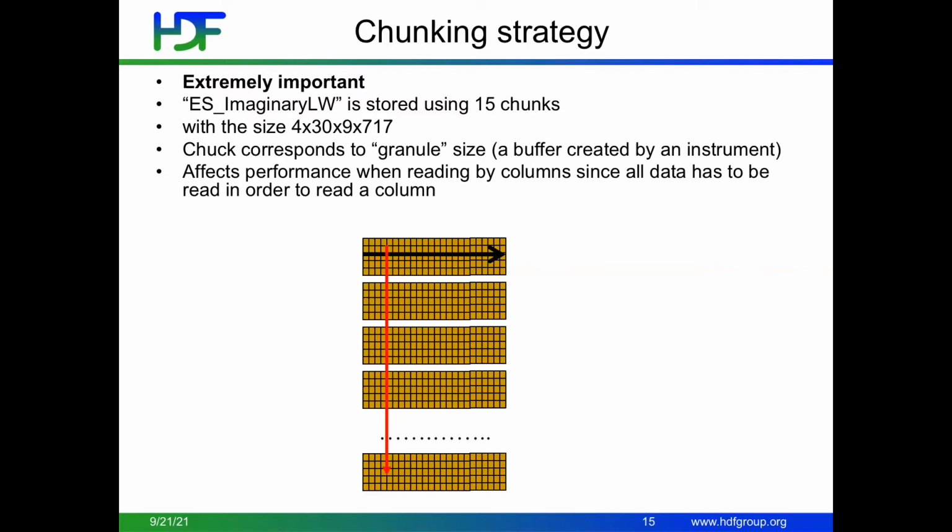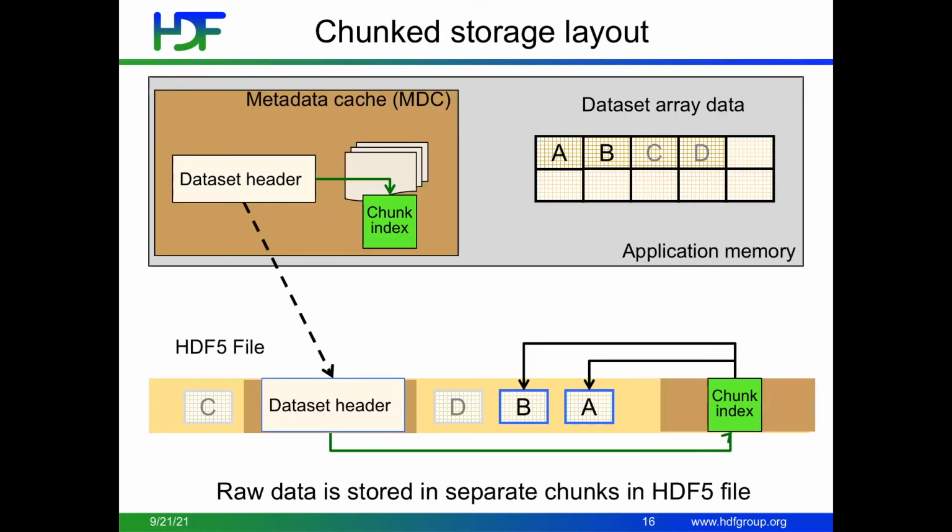You have to think about how data will be used before you choose your chunking strategy. It may be favorable for the write, but extremely unfavorable for the read. Using chunked storage also creates some overhead in terms of different I/O operations.